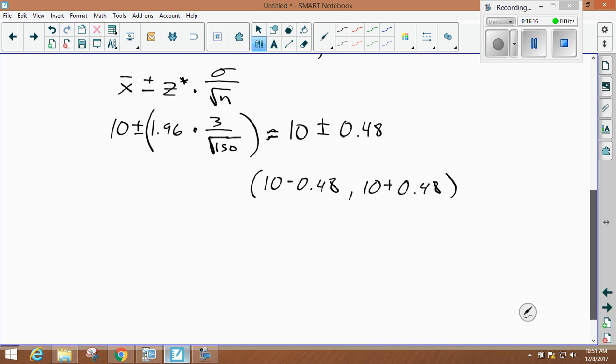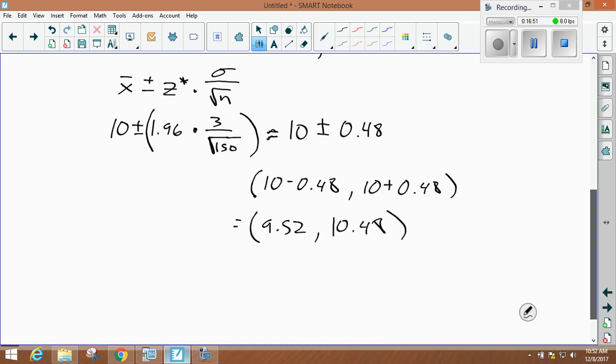This is not a coordinate, I'm saying it's an interval in which the mean is between these two numbers that we're going to calculate. Write the interval: 10 minus 0.48 and 10 plus 0.48.